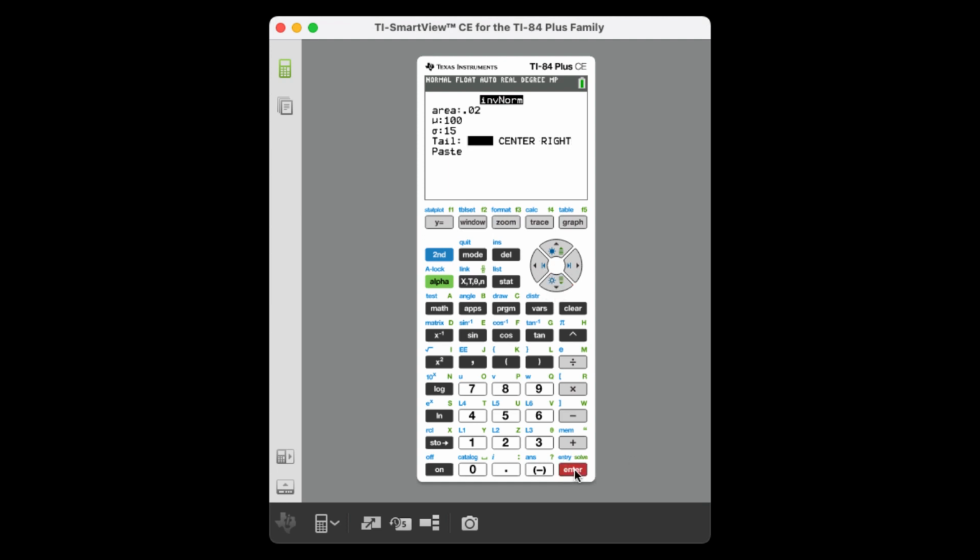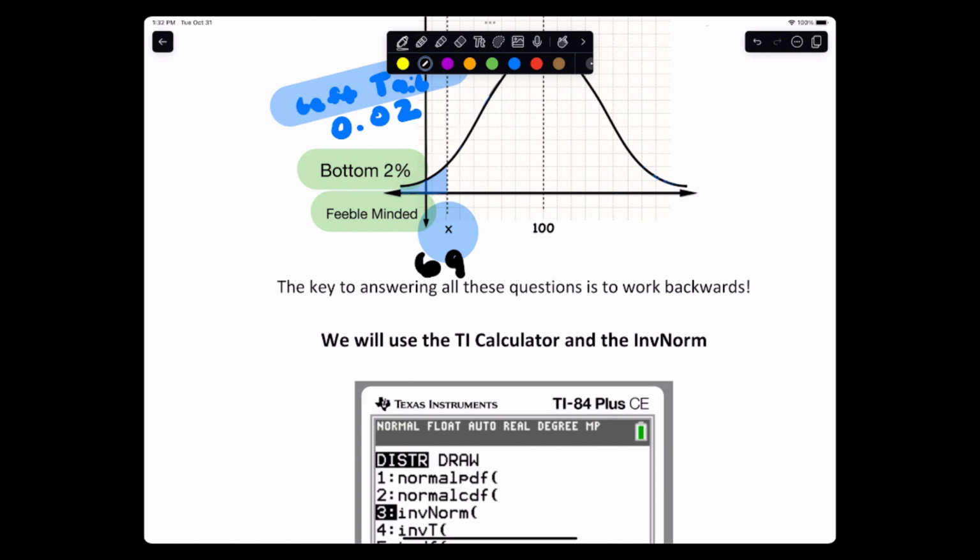Left, hit enter. Paste that in, ladies and gentlemen. This is now a left tail test. What's the IQ score? So you hit left for left tail. So that IQ is 69 to the nearest whole number. Okay, so you can say, is X approximately 69? Yeah, you could do that either way.